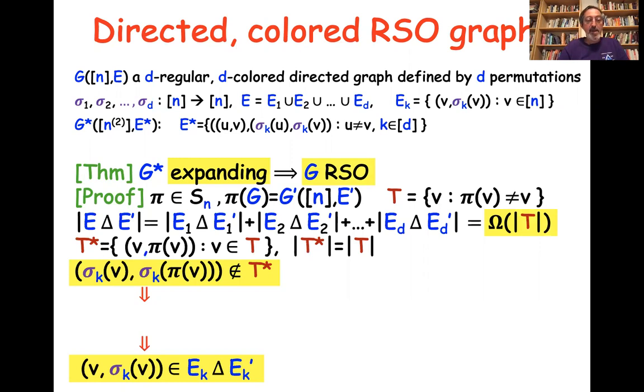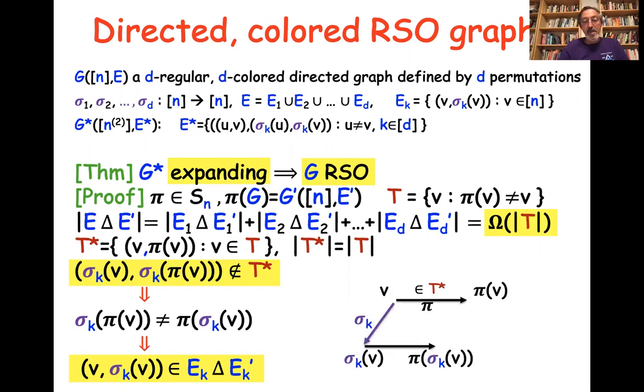Now, why does this implication at the bottom happen? It's simply that being moved out of T star really means that sigma k and pi don't commute on V. Let me do it by a picture, it will be clearer. Here are the objects we care about.